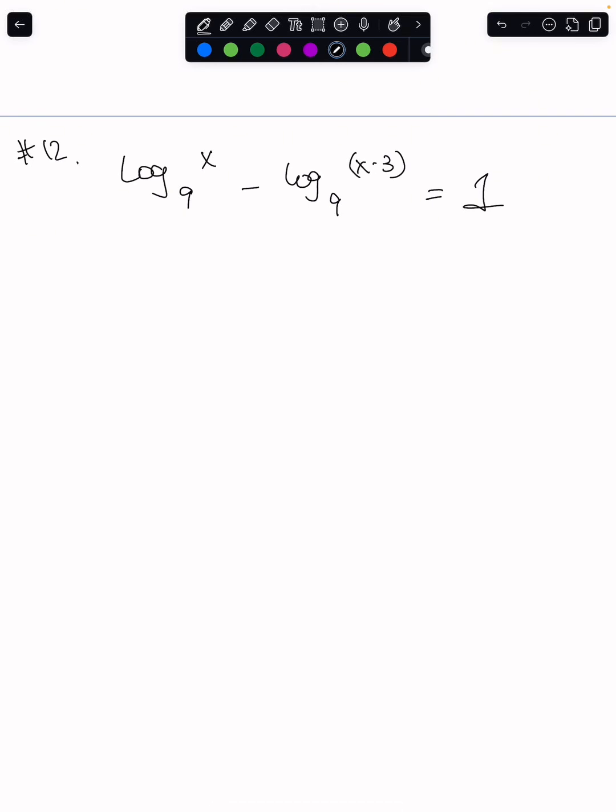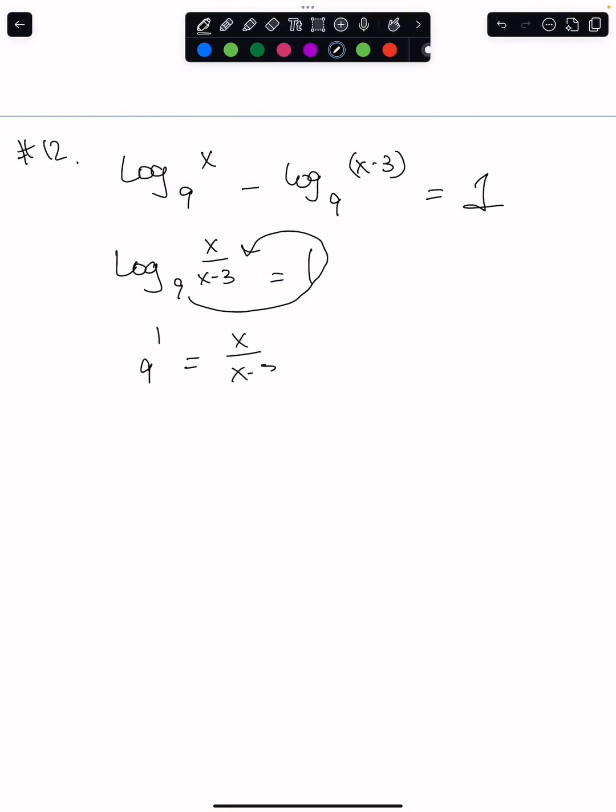And for the purposes of this one, I'm just going to do the swoosh method. So I'm going to do log of 9, and this ends up being x over x minus 3 equals 1. I'm going to swoosh this around. So 9 to the 1 is just 9. So we really don't need to write that 1 there.